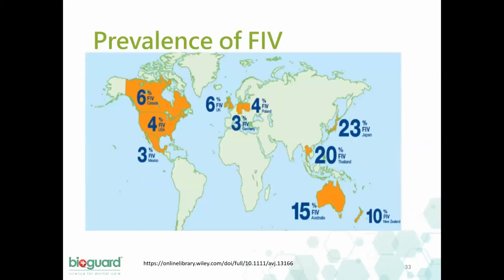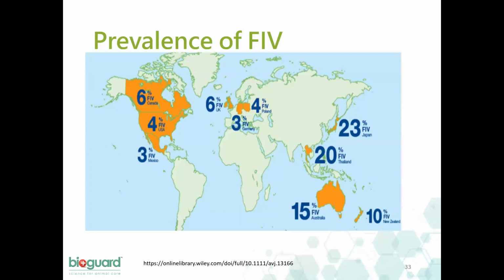So for the prevalence of FIV, FIV can be found worldwide. In this figure, the highest percentage of FIV can be found in Japan with 23% among these listed countries. This indicates a relatively high presence of FIV in Japanese cats. Second is Thailand with 20% prevalence.